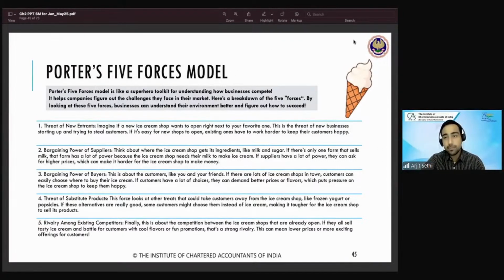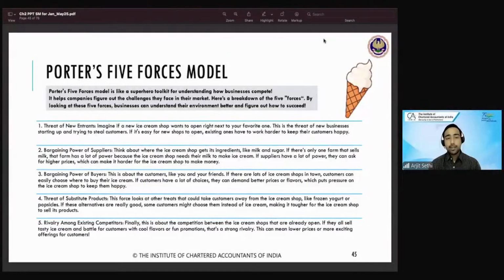Okay, now I will give you the heading and you have to give me examples. Threat of new entrants. What can be a threat of new entrant to, let's say, a tube light business? Let's be tough and creative here.